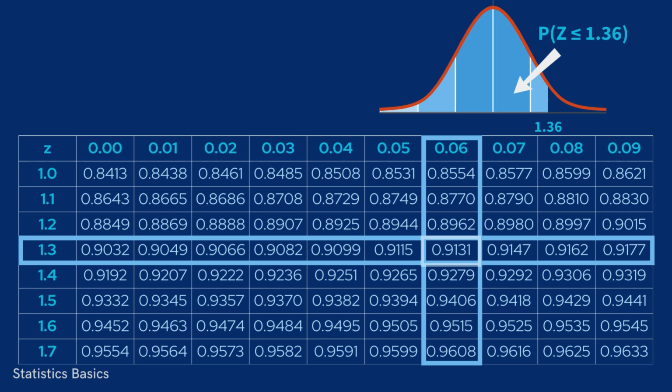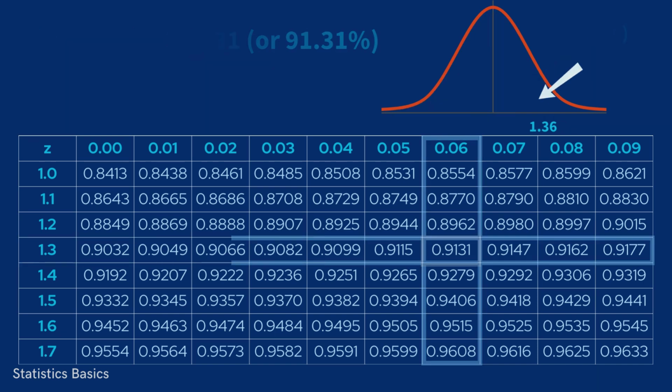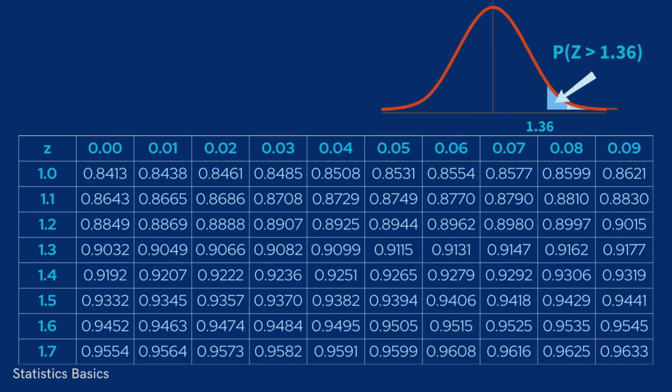The value at the intersection of this row and column is your left tail probability. This value represents the proportion or percentage of data falling below 1.36 in a standard normal distribution. In this case, the left tail probability is approximately 0.9131 or 91.31%.